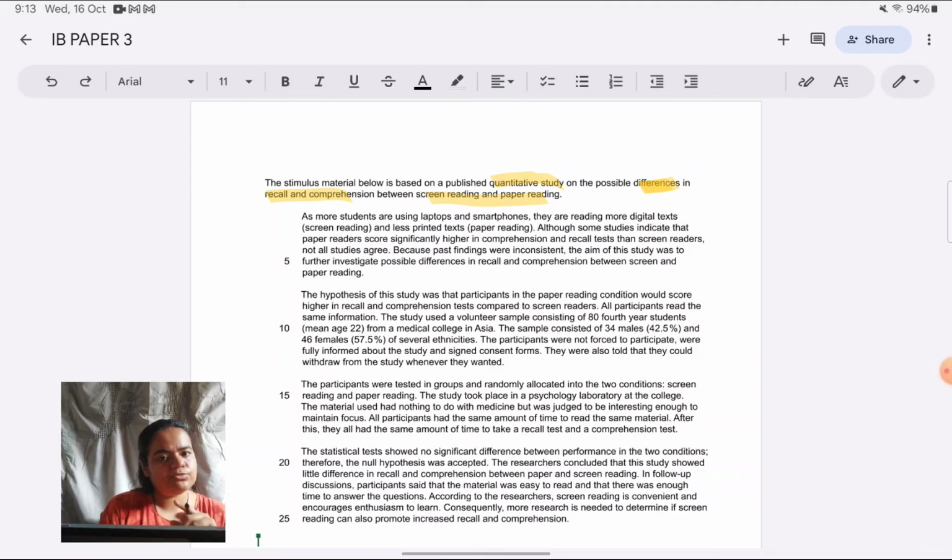And the very first question on paper 3 is going to be what is the research method and give 2 characteristics of it. So right at the beginning, I've understood that this is an experiment. Further reading will help me know which type of an experiment it is. Although here it's clear there is a manipulated IV. It's not a natural experiment. But is it field or is it laboratory? I will come to know soon.